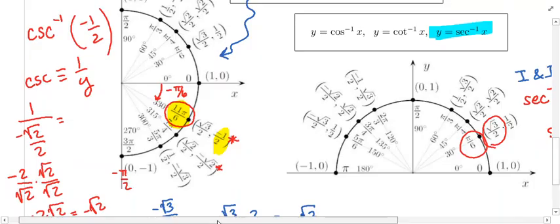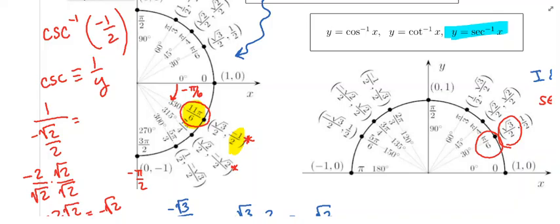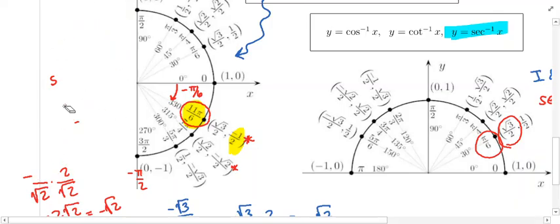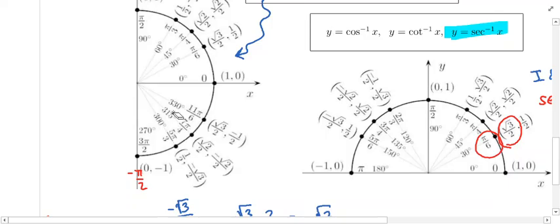Let me erase some of this previous work. Looking at quadrant 4, the sine value is going to be the y coordinate. So we need a y coordinate of negative square root of 2 over 2. Okay, here it is, and so then we have found our angle right here.